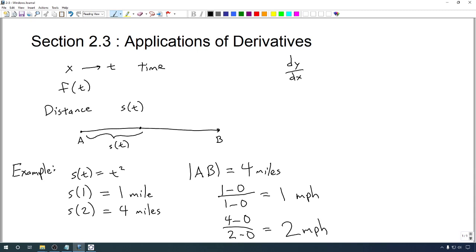What we're doing here is finding the average speed. We didn't use a constant speed over this entire time period. We're computing an average over a time period.